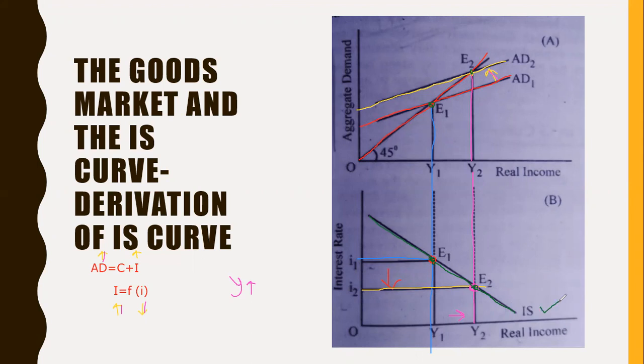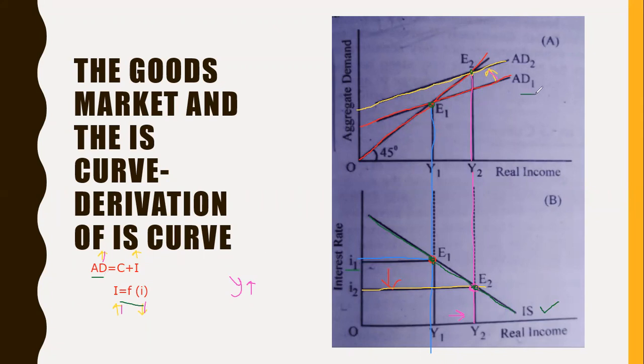Okay, so I will just revise what we have done in this slide. Very first, assume that the prevalent rate of interest is I1. At this interest rate, we assume a certain level of investment. With investment, we will arrive at aggregate demand.